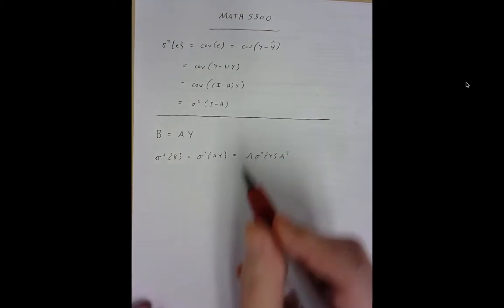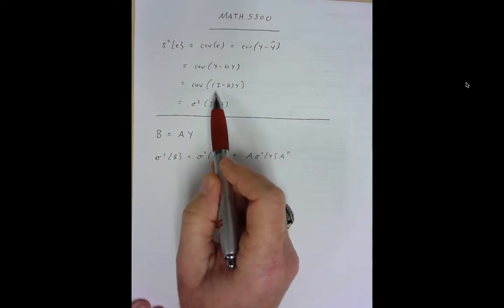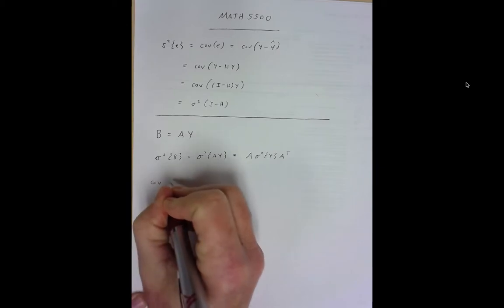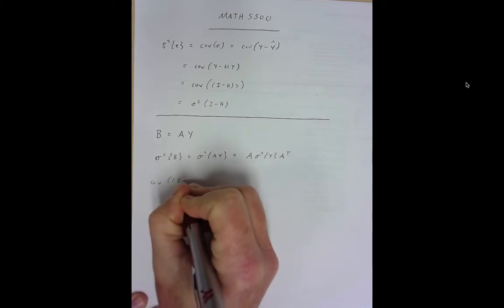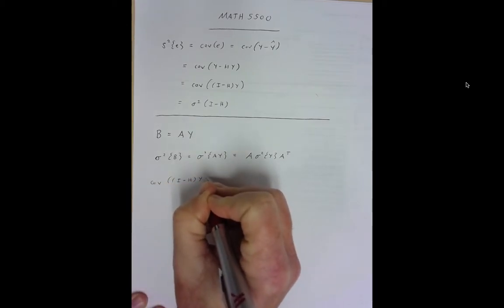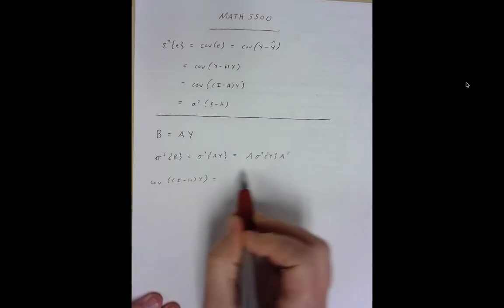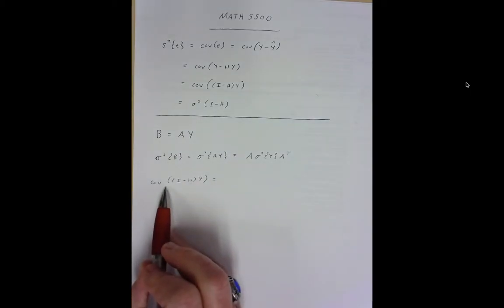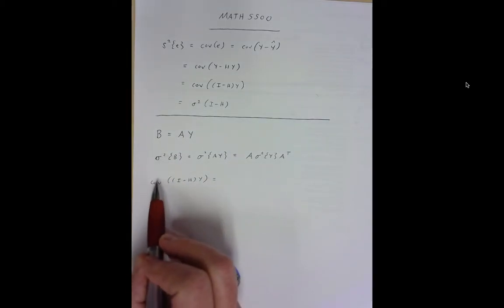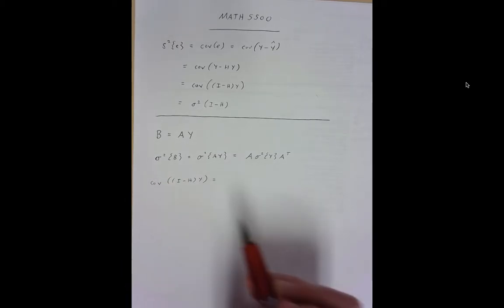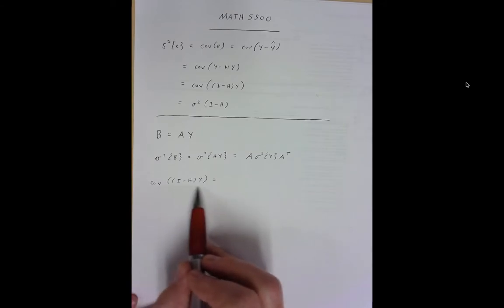So what we can do is we can come back up here and look at the covariance of the identity matrix minus the hat matrix times the response vector y. And what can we do? Using this, we can see that, again, covariance sigma squared, I should have been consistent here, but I wasn't, so let's go here.